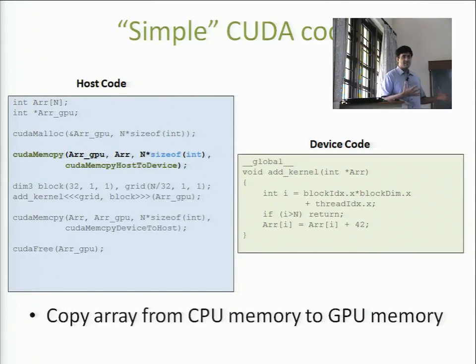And then you want to move all the data that you have in your CPU memory over to your GPU memory. This is saying, take whatever is in that CPU array ARR, copy it into the memory in the GPU pointed to by array underscore GPU, and there are n integers there. The way this is done is by something called direct memory access.